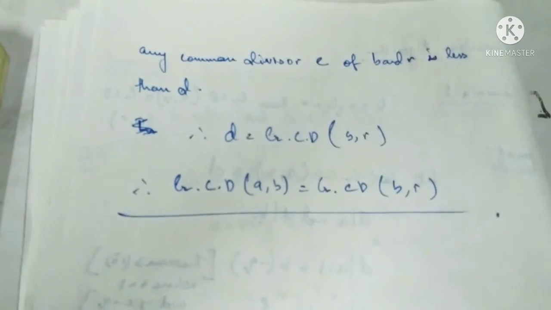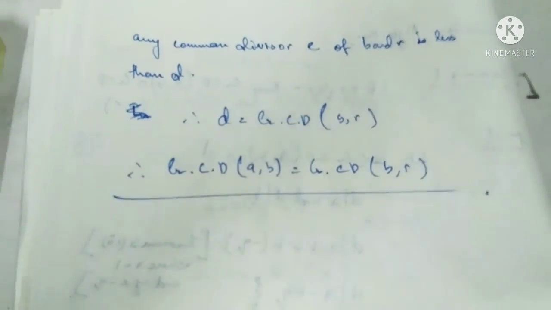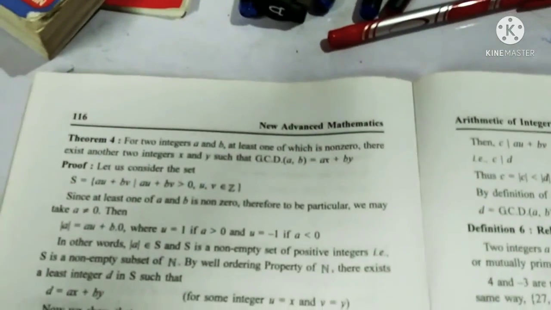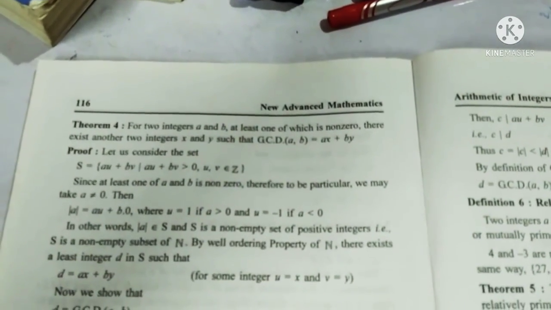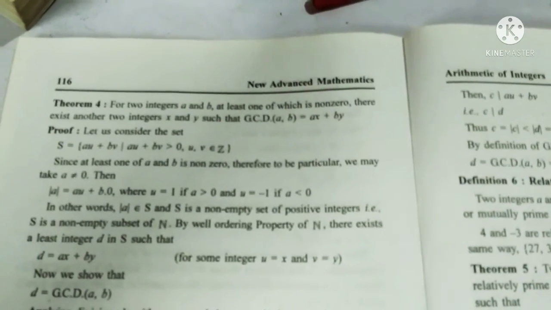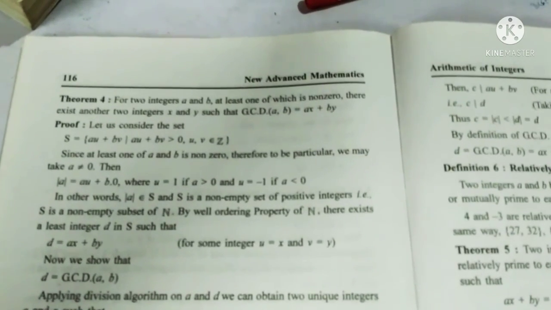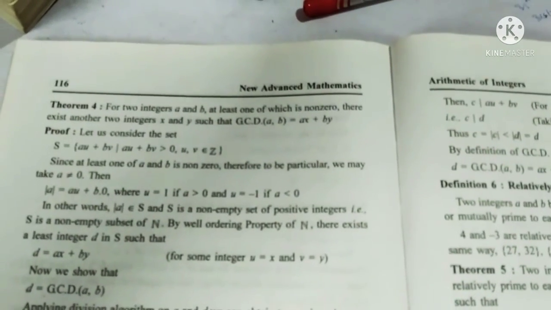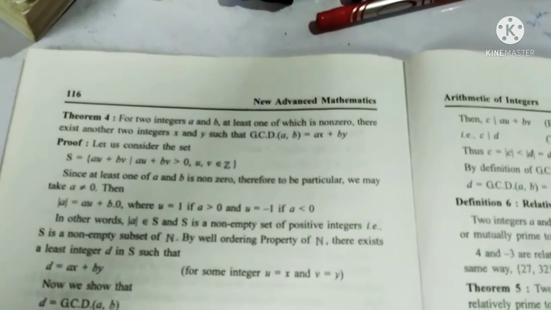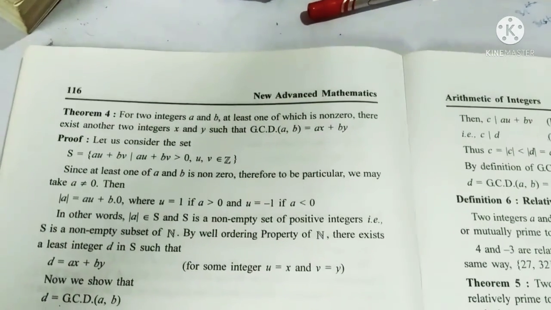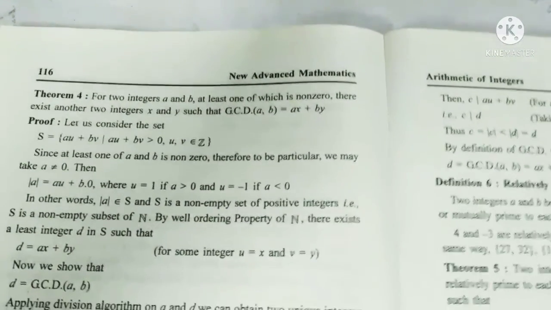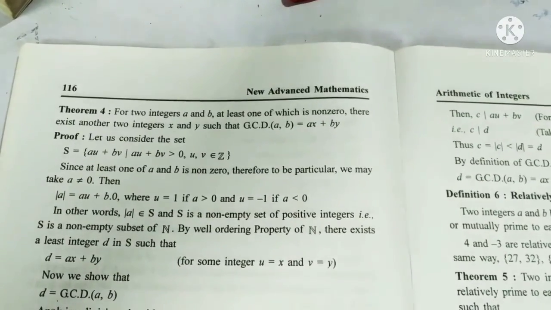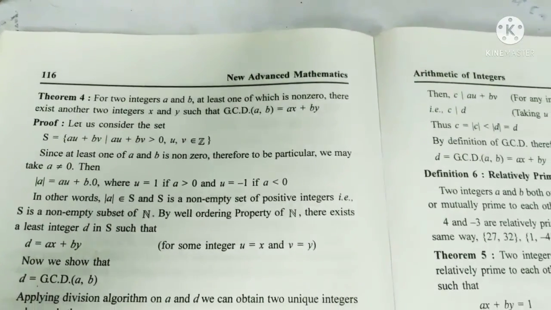Okay. So in this video we have discussed theorem 4. Theorem 4 proof I will give you, but not in this video. Theorem 4, very important theorem. It states that for two integers a and b, at least one of which is non-zero, there exist integers x and y such that GCD of A and B is equal to Ax plus By.